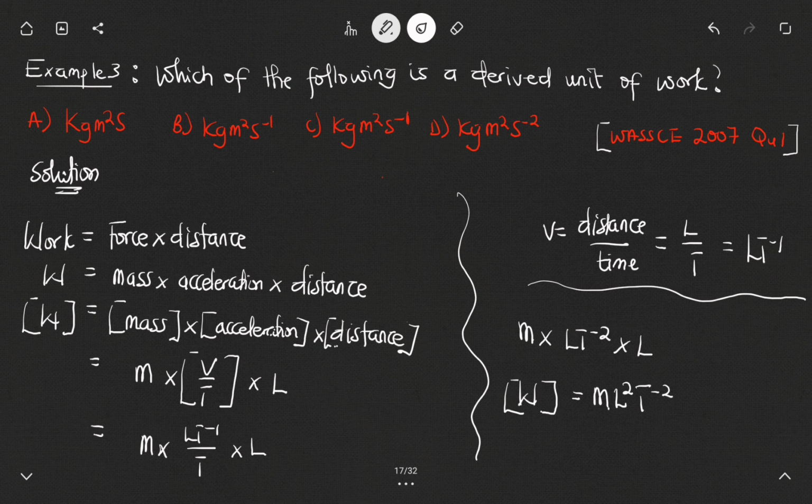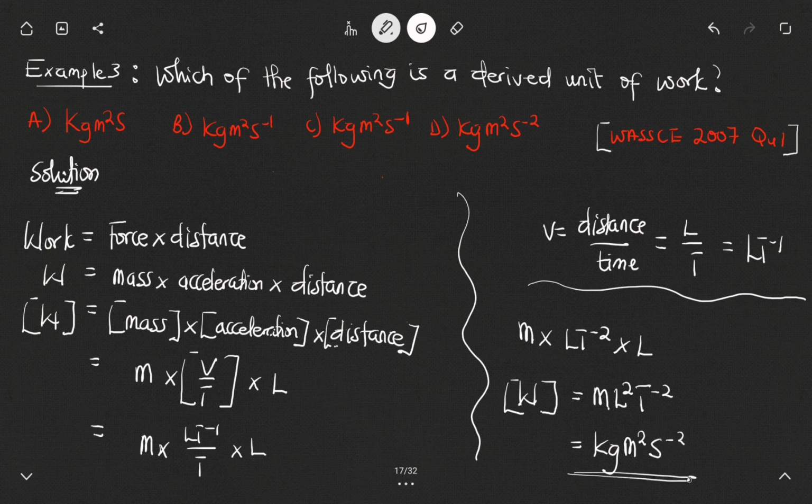But how do we derive the unit from this? We know that m stands for mass, and mass is measured in kilograms. L stands for distance, which is measured in meters, so we have meters squared. T, which is time, is measured in seconds, so we have seconds raised to the power minus 2.